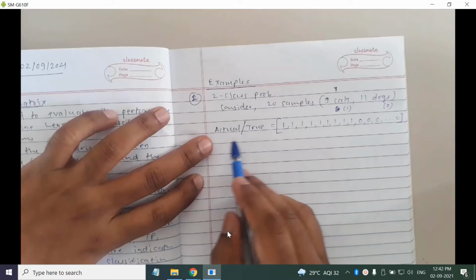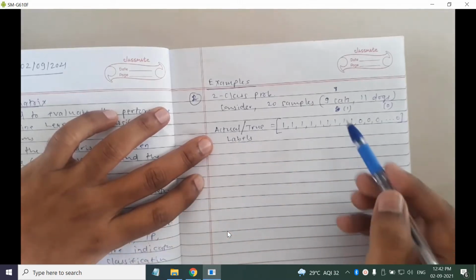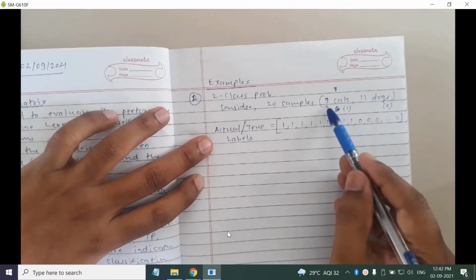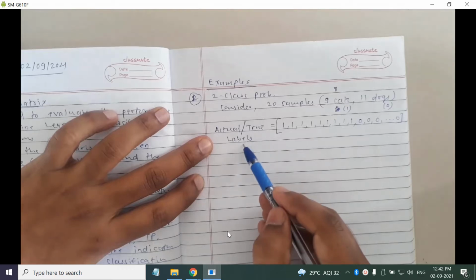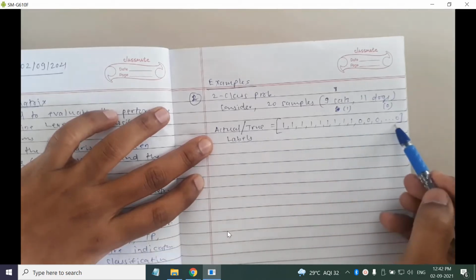These are the true labels. We are representing cats by 1 and dogs by 0. So in the true labels we'll have 9 ones and 11 zeros.